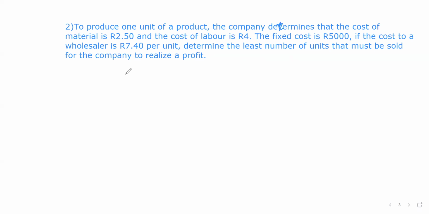Again, to realize a profit, total revenue must be greater than total cost. You can either use TR minus TC should be greater than 0, or you move TC to that side and get TR is greater than TC. These two are the same inequality.